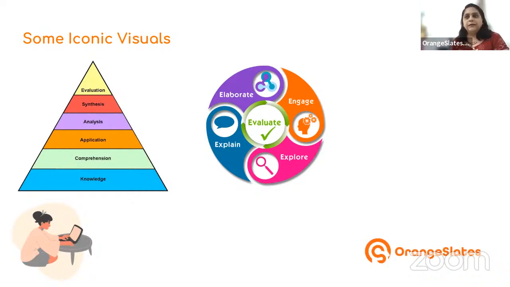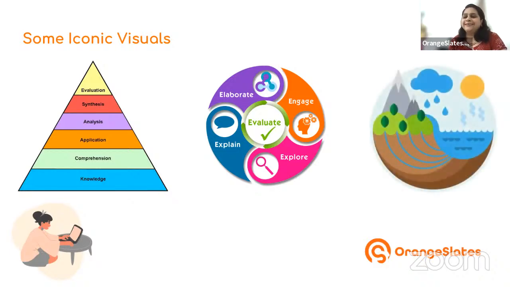This is again a very, very big concept. We design 2 to 3 hours of lessons, or sometimes a whole curriculum, based on this concept, but it is explained only in one visual here. And this is the favorite of all teachers, right? So this is the water cycle, which shows precipitation, condensation, evaporation, flowing of water to the rivers and from snow and trees and everything.